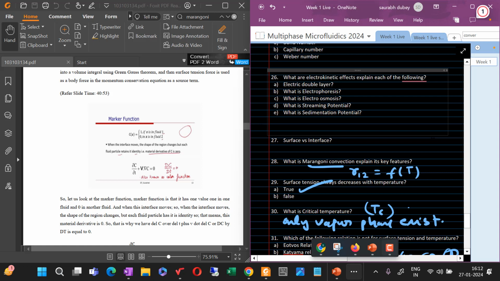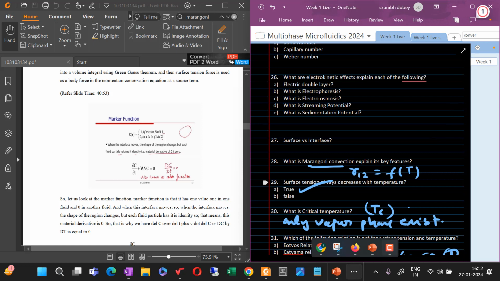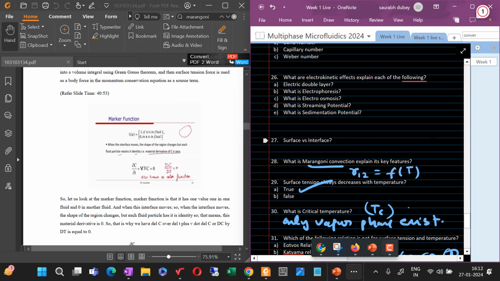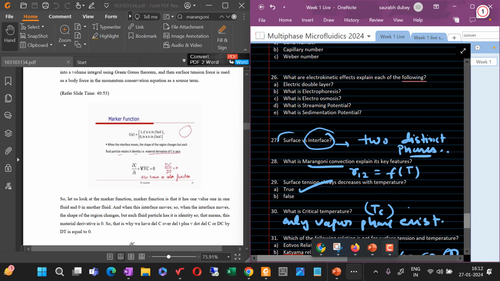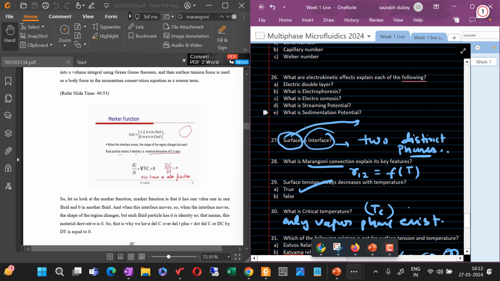When we derive these equations, we take a surface and from that surface we talk about the traction force vector, in a particular fluid only. If we talk about an interface, there will be two distinct phases in the interface. But for a surface, there can be a single distinct phase.